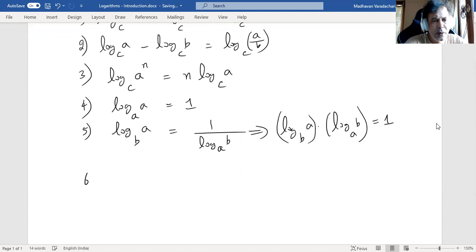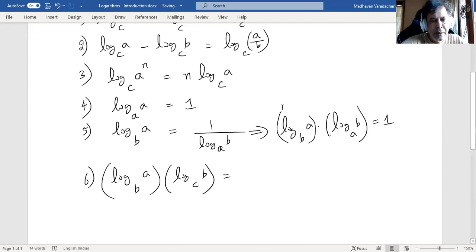Or we can also say log of A to the base B multiplied by log of B to the base C, if this base and this are the same, then you can write this as log A to the base C.